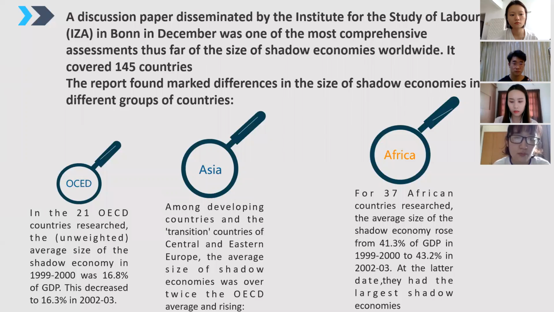The report found marked differences in the size of the shadow economy in different groups of countries. Three groups of countries were introduced. The first is the OECD, with the 12 OECD countries researched. The second is Asia, among developing countries and the transition countries of Central and Eastern Europe. The third one is Africa.